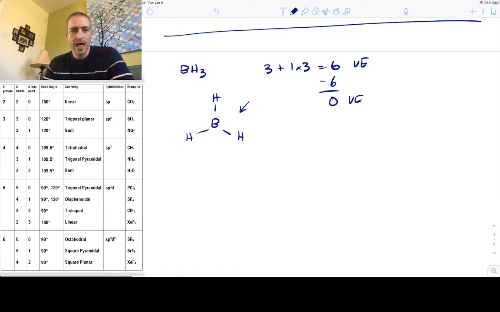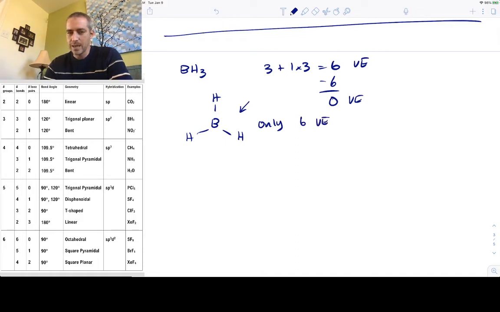We've got nothing more to add. The hydrogens are all okay. They have their outer shell filled, but the boron only has 6 valence electrons around it at the moment. It's got 3 single bonds times 2 electrons each. It only has 6 valence electrons. So it has less than an octet.